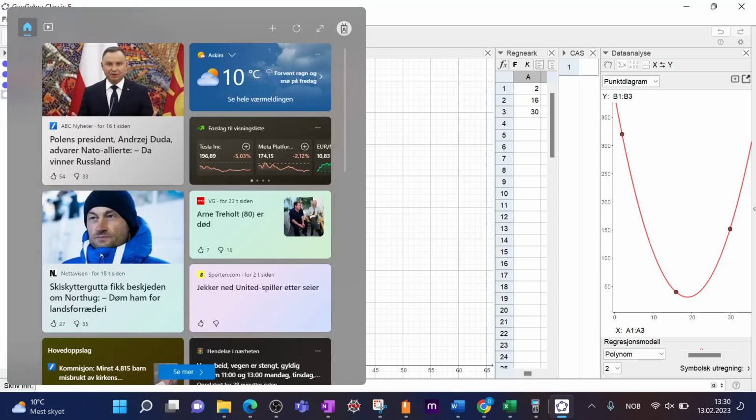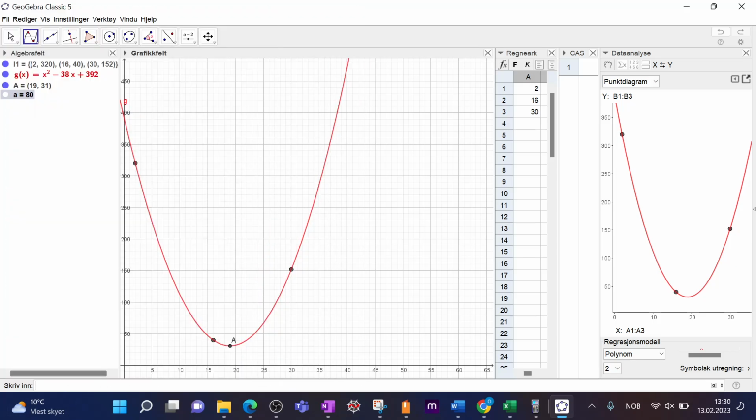So I now know the point that I want to enter here. I could write that in as a point, like this. The x value is 26 and the y value is 80. So this is how you enter points into GeoGebra. You just write them in normal parentheses like this. This will be easier to see on the video. And I click enter, and I have a point here.